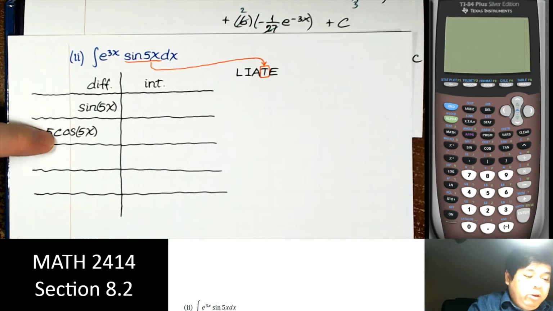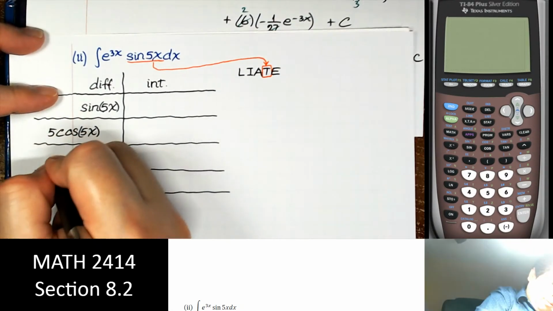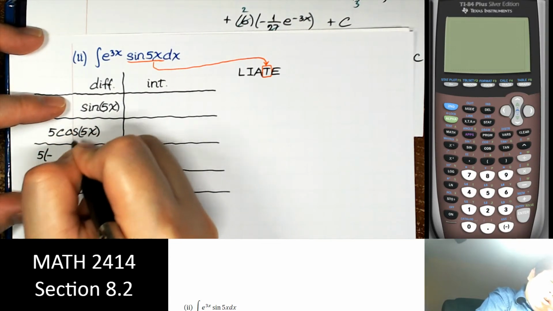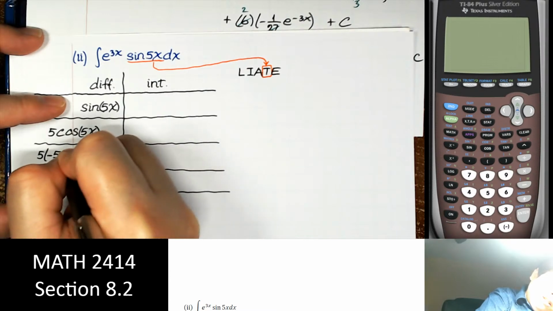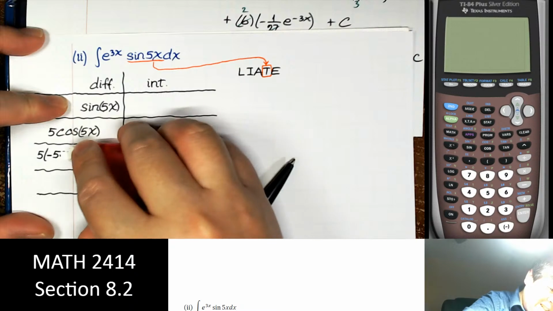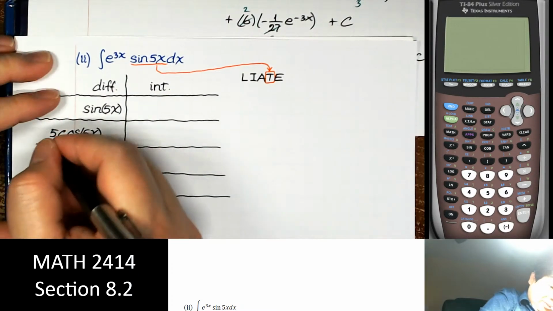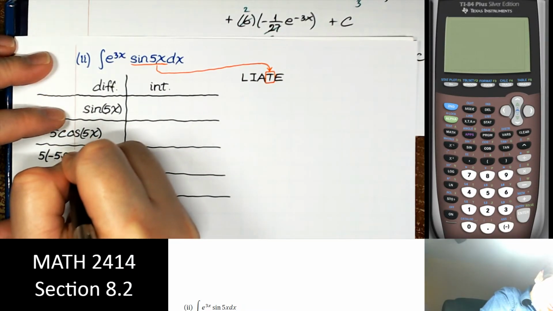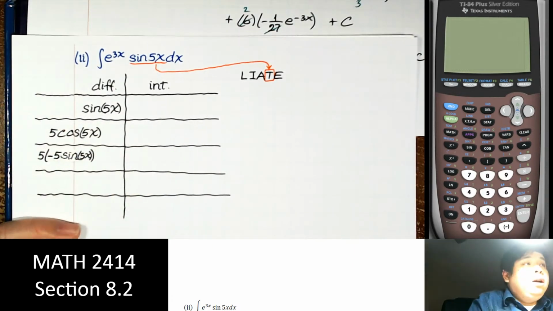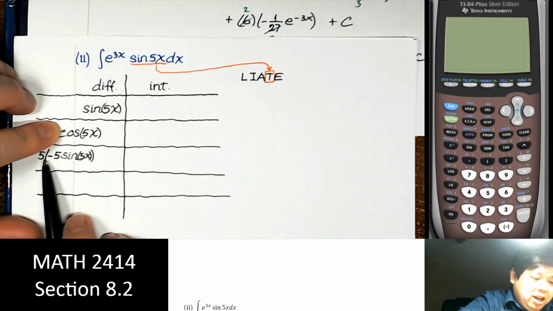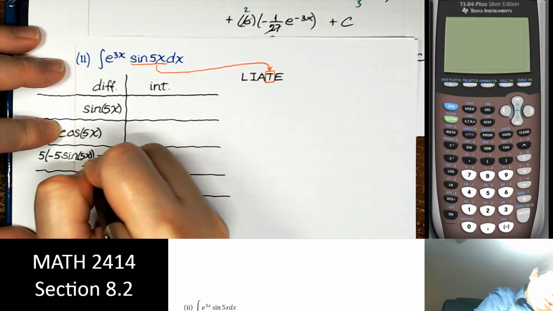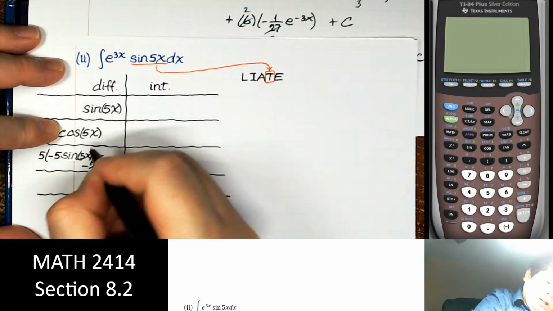And then derivative of cosine is negative sine, and then multiply by the constant k. Derivative of cosine 5x is negative 5 sine of 5x, and that gives us negative 25 sine of 5x.